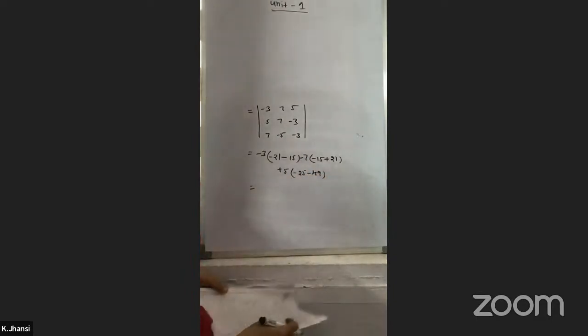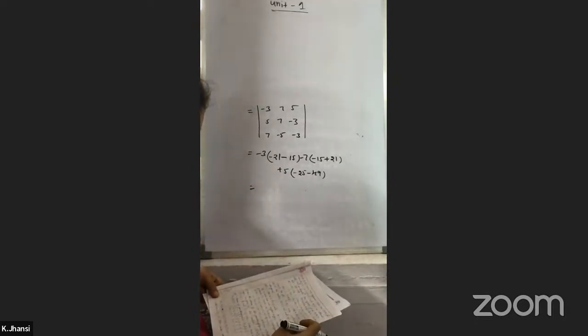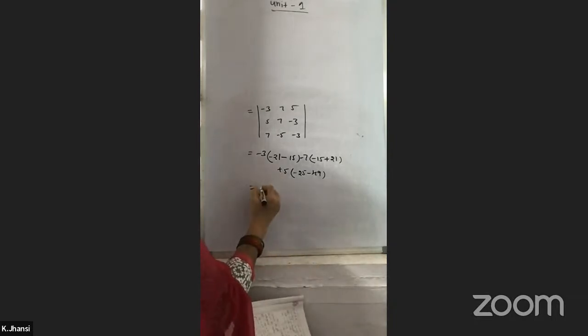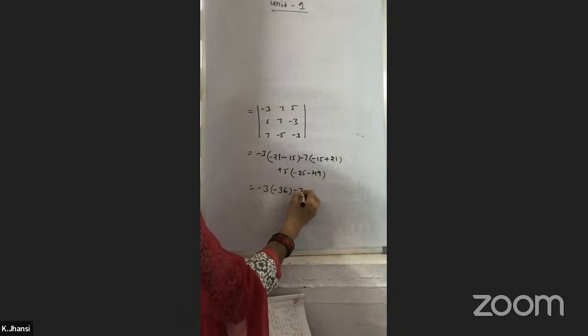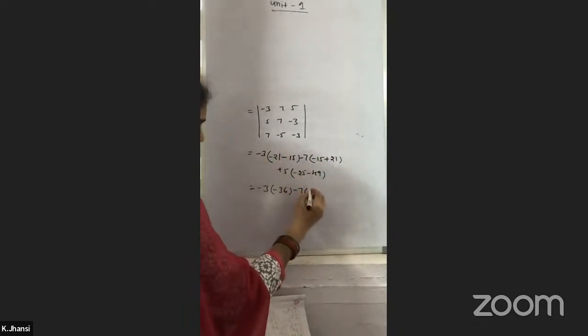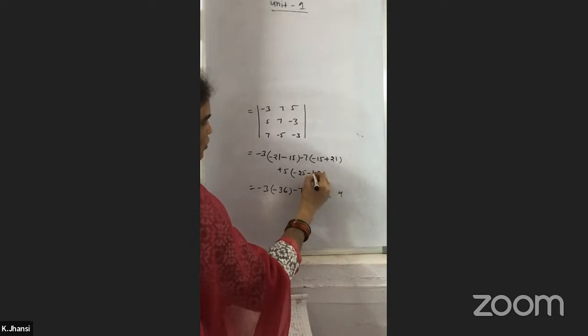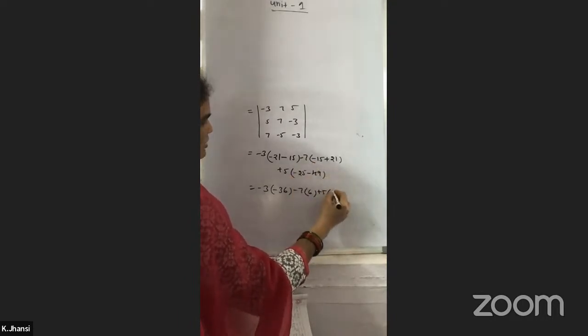So it is equal to -3 into minus 36, minus 7 into 6, plus 5 into minus 74.